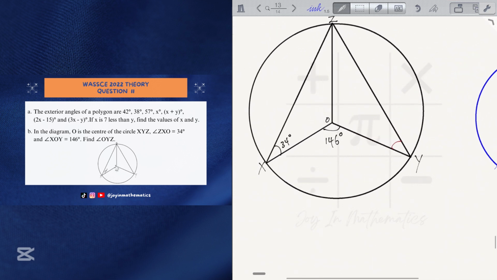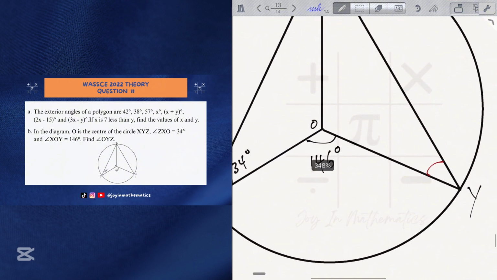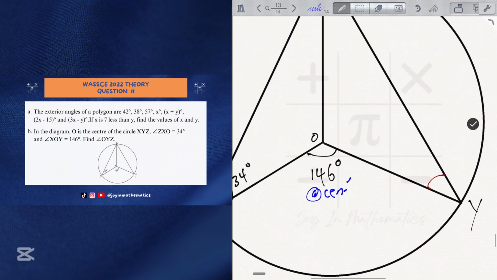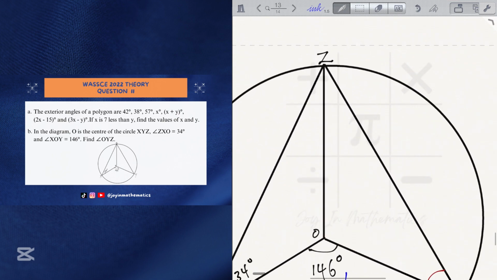So in view of this, XY is an arc. So 146 is angle at center. So we can now call this angle alpha. So XZY is alpha, which is angle at circumference.